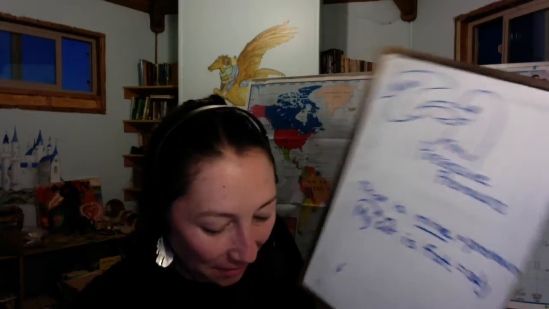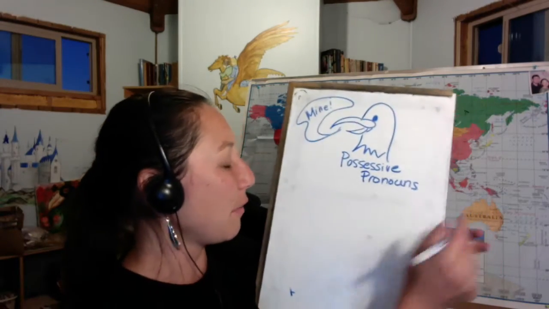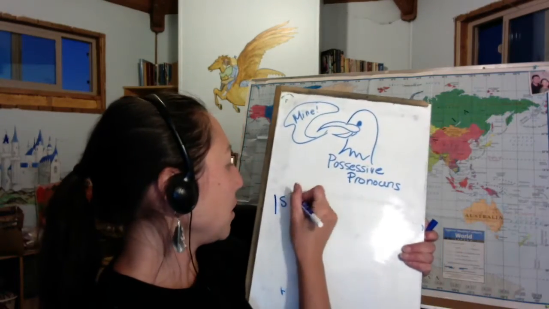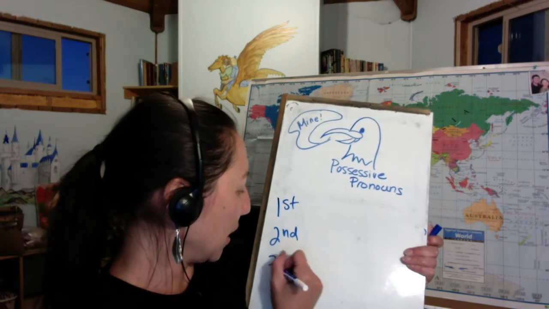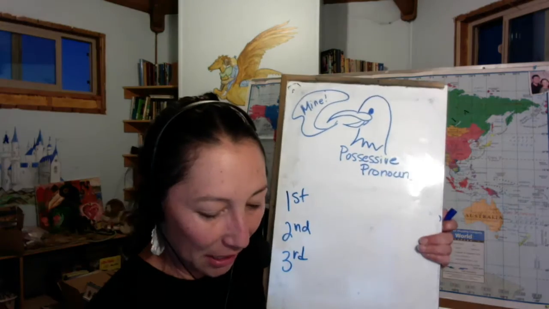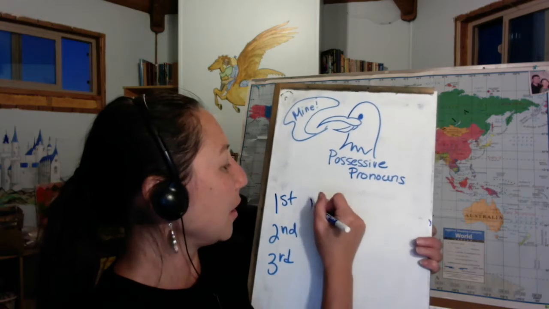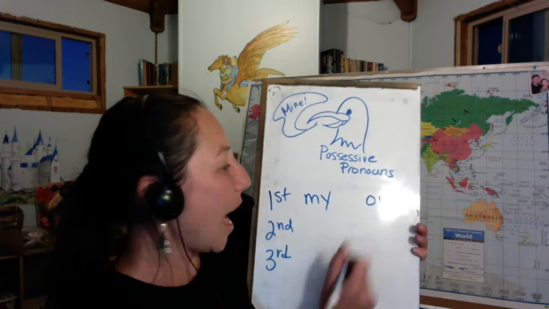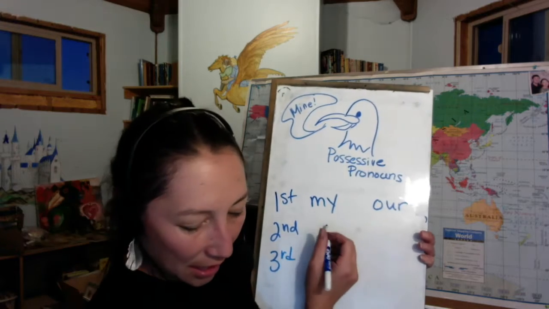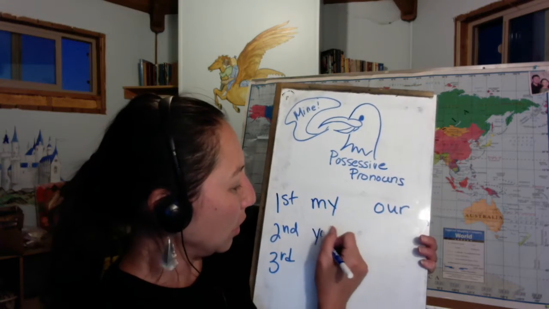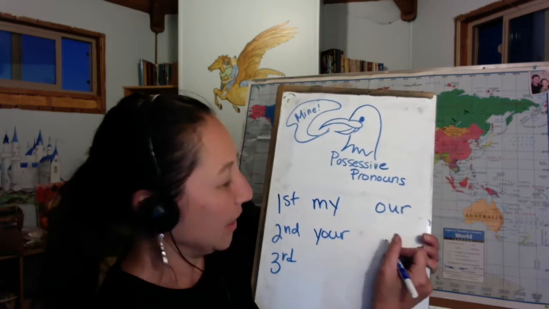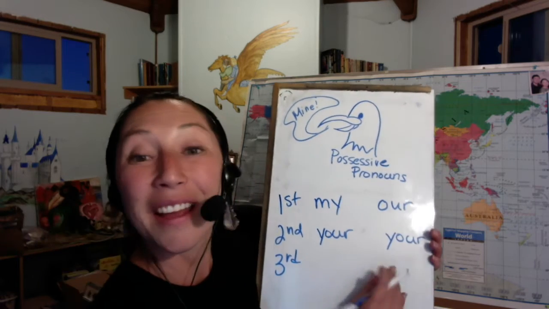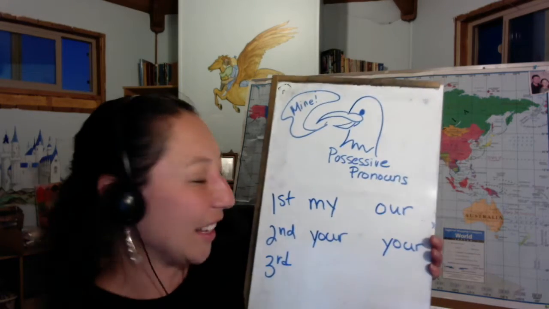And so let's also take a look at this nice little chart to help determine which case we're going in. So we have what's called first person, second person, third person that you guys have been getting used to. In the singular, we have my, and in the plural, it's our. In the singular, it's your, and in the plural, it's still your, because we don't do all y'all or anything like that.